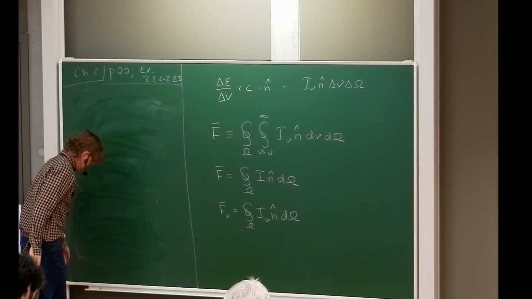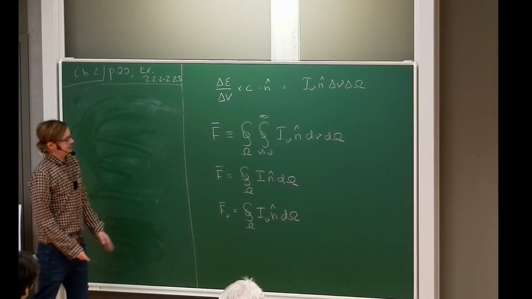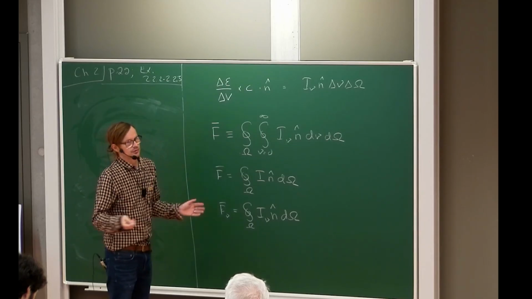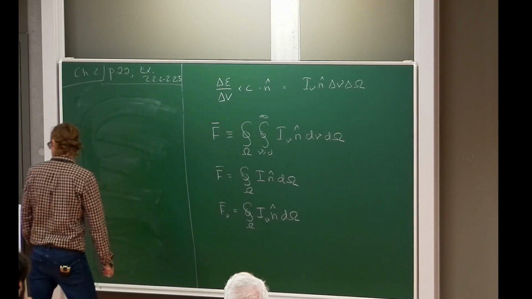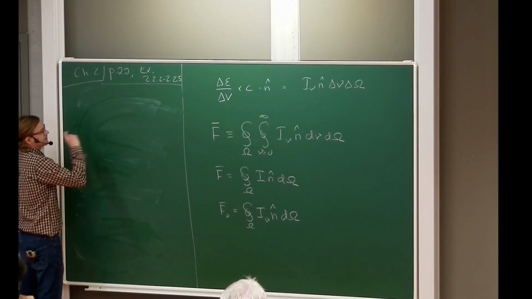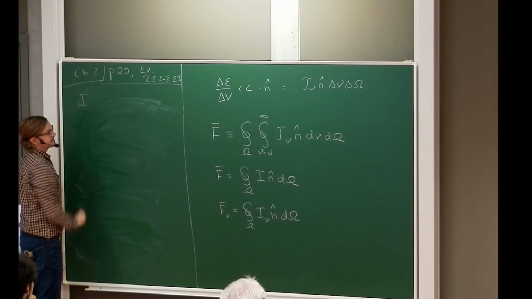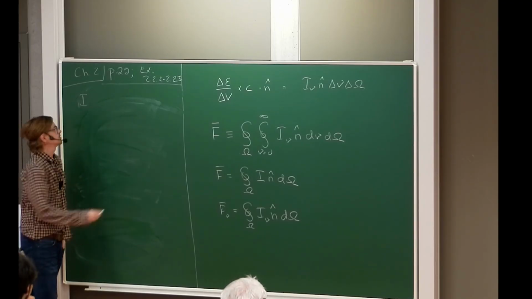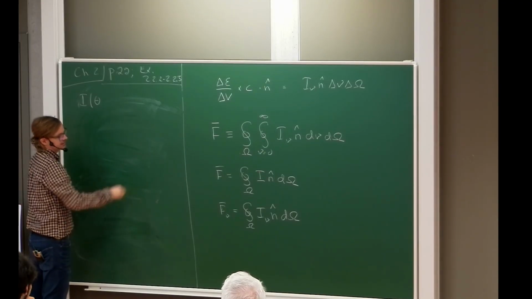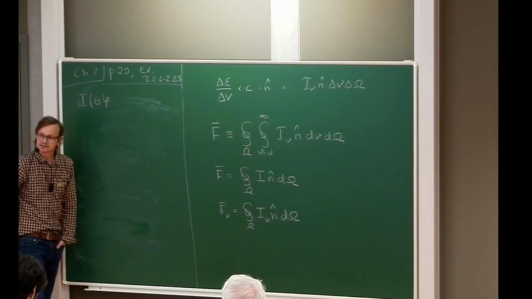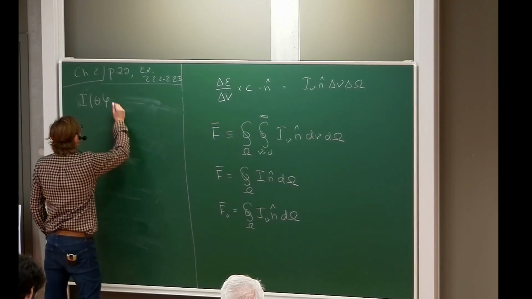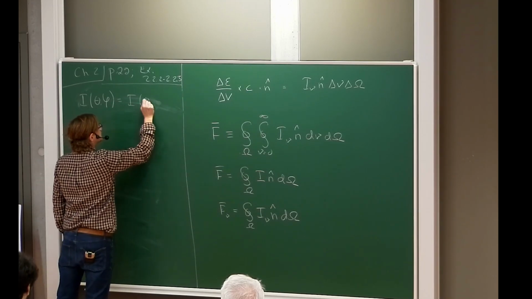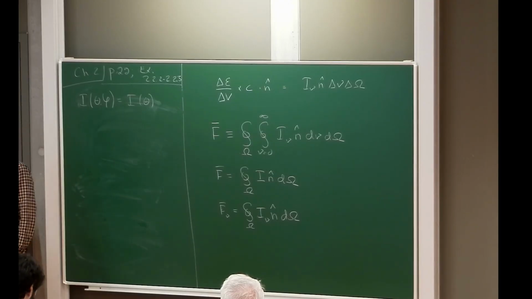Now, we want to do, so we're going to use this now. We're going to say, okay, this is frequency integrated already, frequency independent, so we're going to use this simplicity of notation. And then we're going to assume that our intensity, which in general can be a function of theta and phi, the two angles that go into the solid angle, is only a function of theta, only of the polar angle.